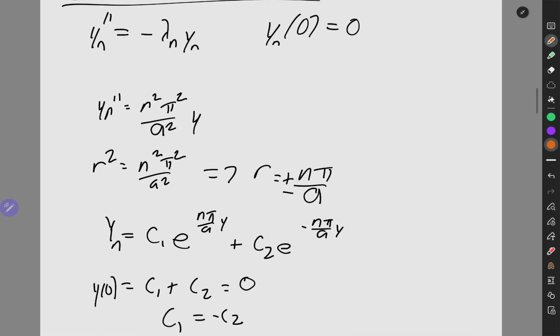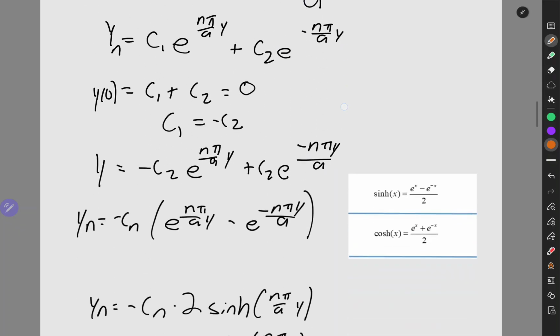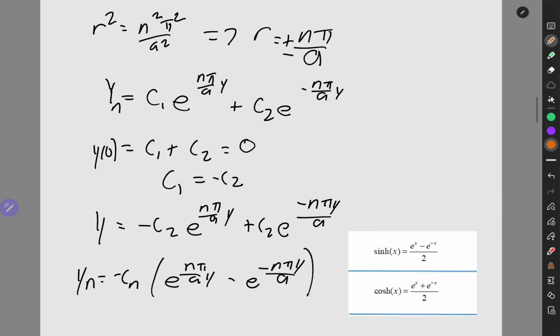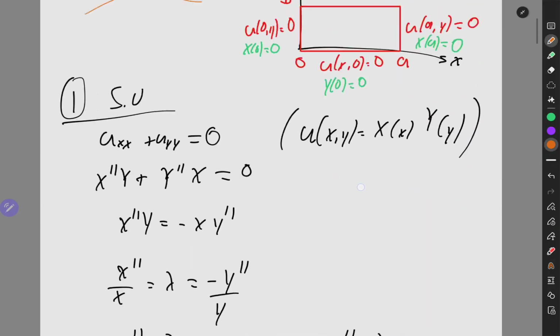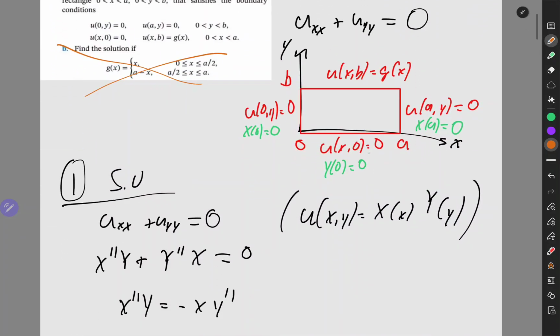It's going to be very annoying to figure out. And it's one of the problems where a lot of confusion arises with this stuff, when the bottom side is equal to g of x or f of x, and all the other sides are 0. It's a very confusing case.